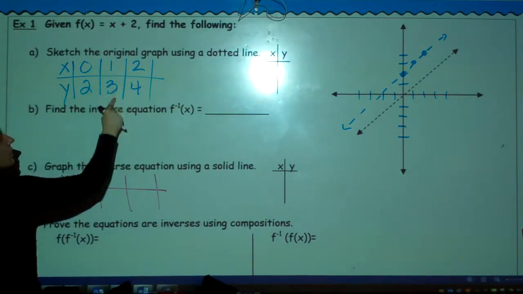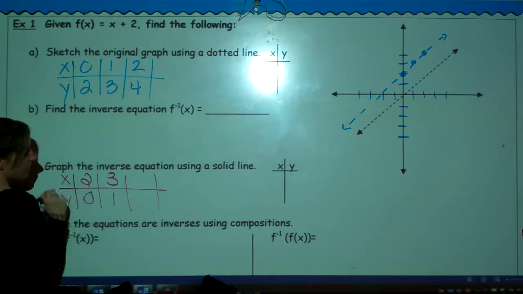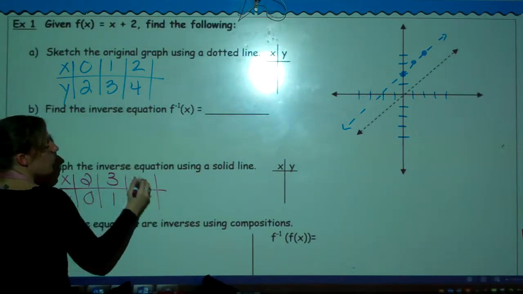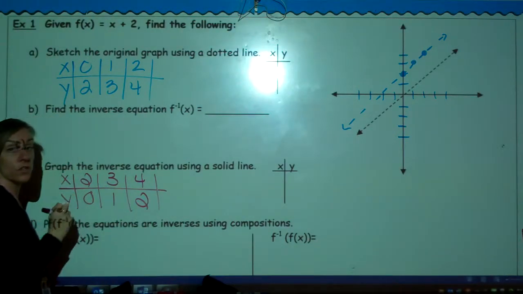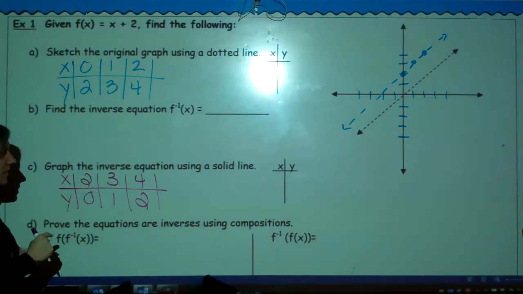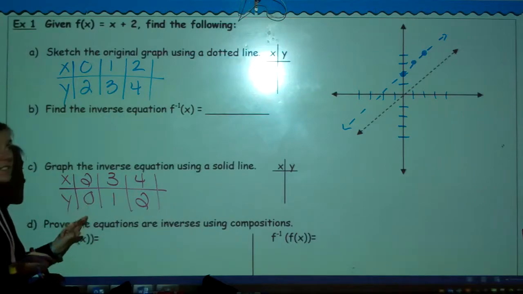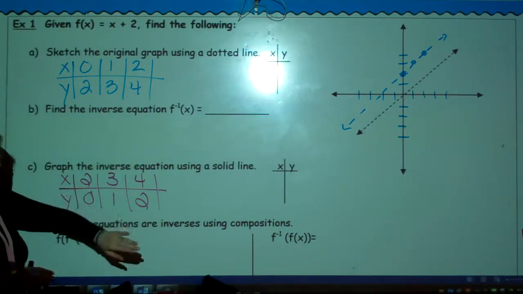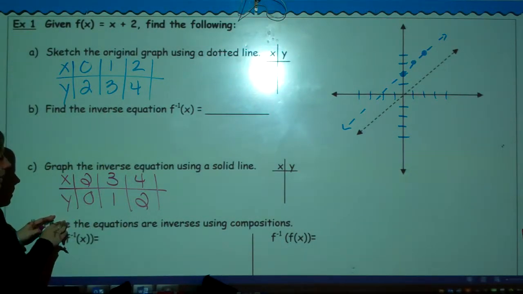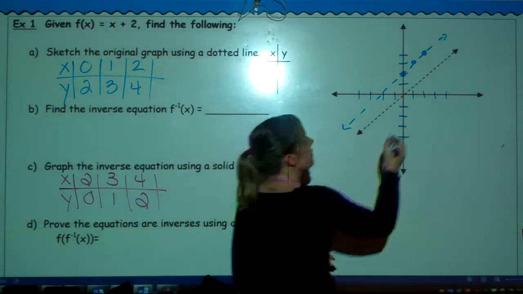If this is 1, 3, the inverse is 3, 1. And if this is 2, 4, the inverse is 4, 2. So you literally just switch x and y, and you're going to see that it reflects, like I showed you on the upper part of the page. So 2, 0 is right here.